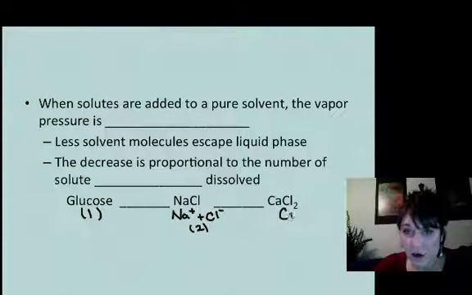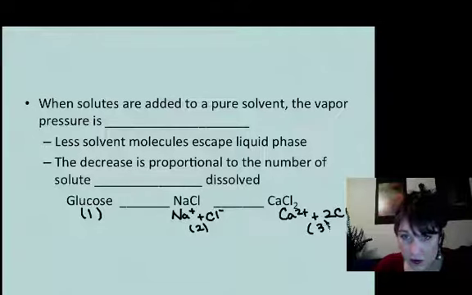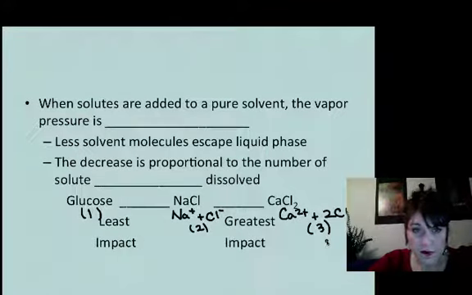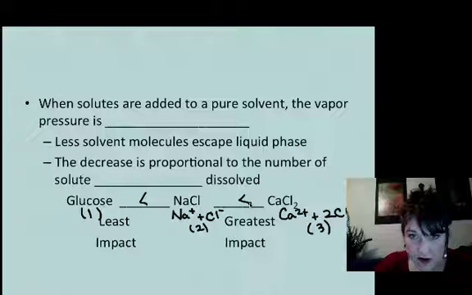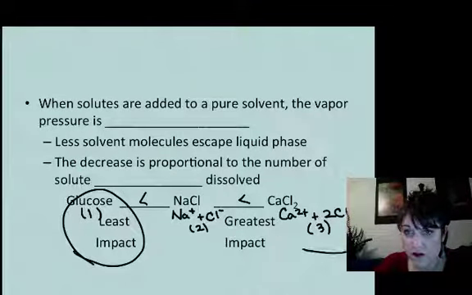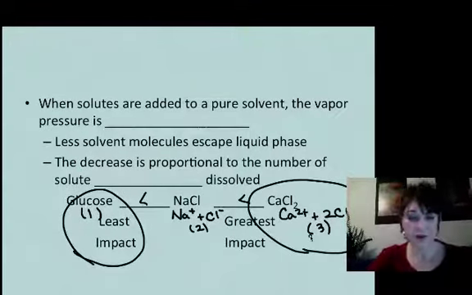Then when calcium chloride breaks apart in water, we're going to get 1 calcium ion and 2 chloride ions. So that's 3 total particles in the solution. So we could simply arrange these from those with the least impact, glucose, to those with the greatest impact, calcium chloride. So the vapor pressure will be less affected by glucose, of course, than it would be by calcium chloride.